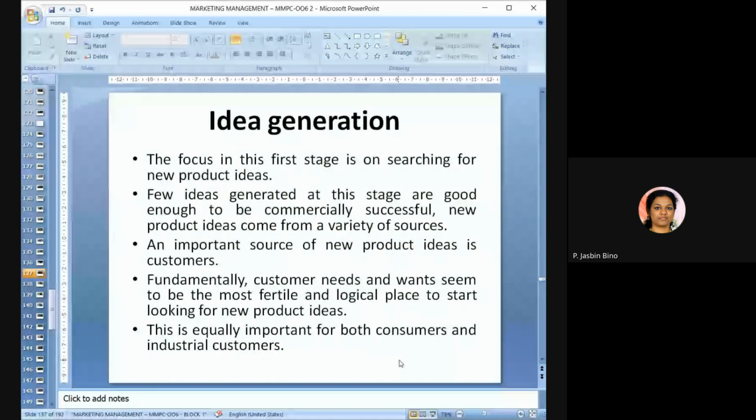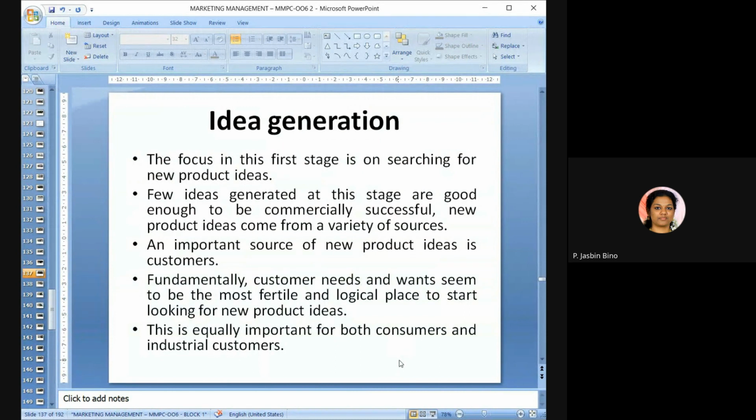They'll be getting some ideas and generating the ideas. This is the first stage. They'll go on searching for new ideas. Few of the ideas normally generated at this stage are good enough. They'll get more ideas, but only a few will be good and commercially successful. New product ideas normally come from a variety of sources, like customers.